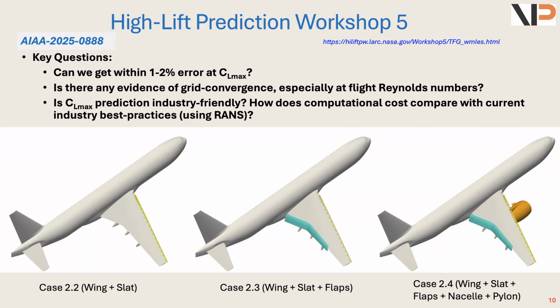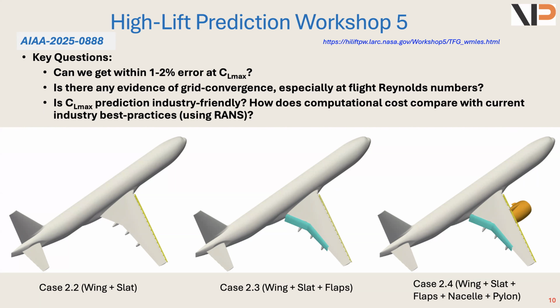So, if you haven't had any chance to read an AIAA paper from SciTech that summarizes all those cases, case 2.2, 2.3, 2.4, basically in the wall model LES TFG, some participants submitted those, and then Neil Ashton, who used to be at AWS at that time, ran those cases.